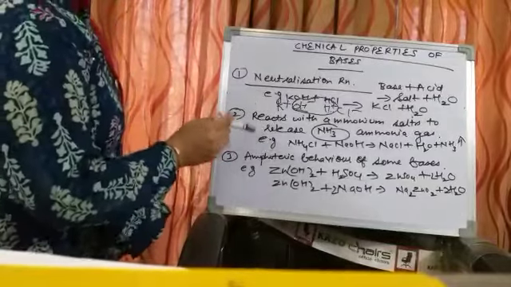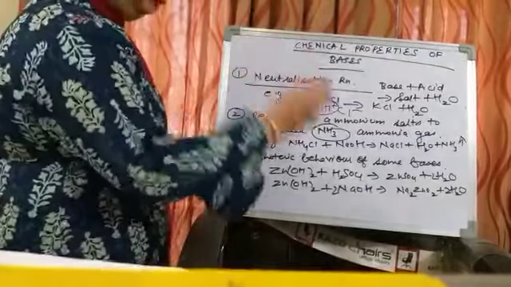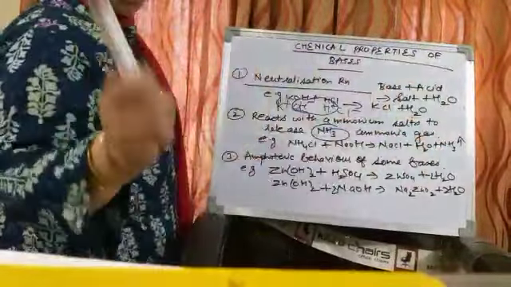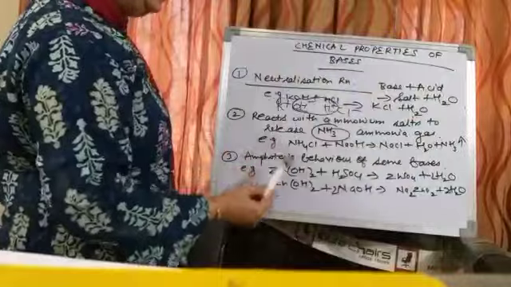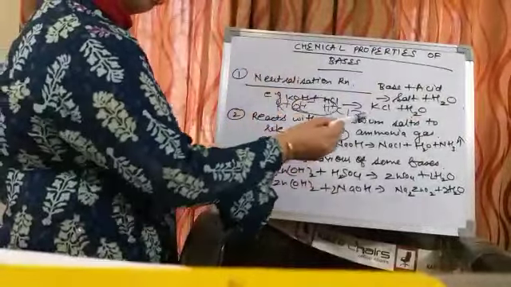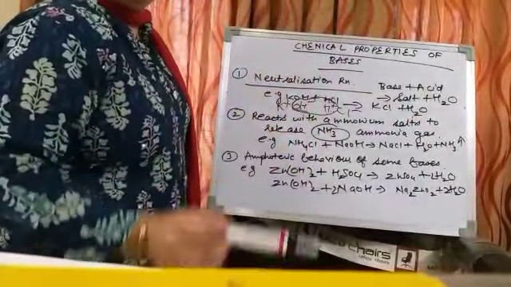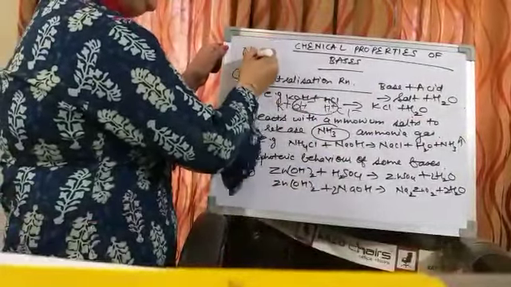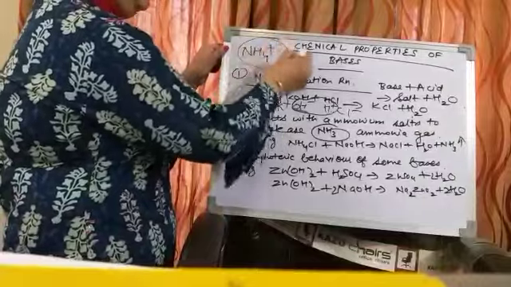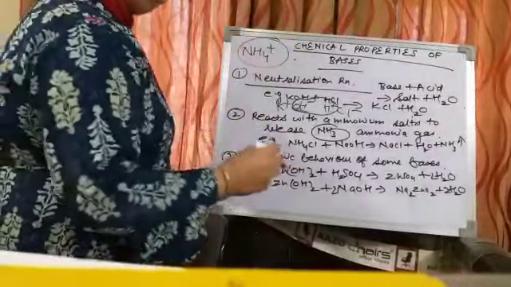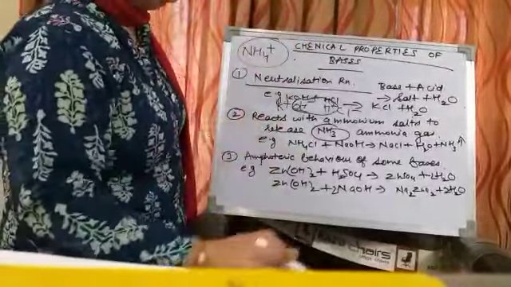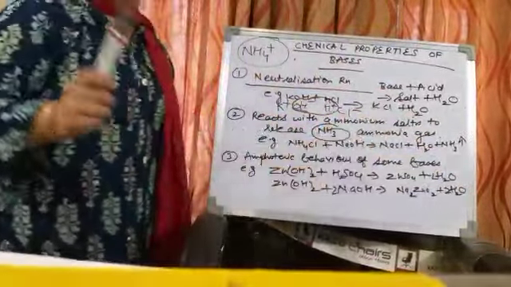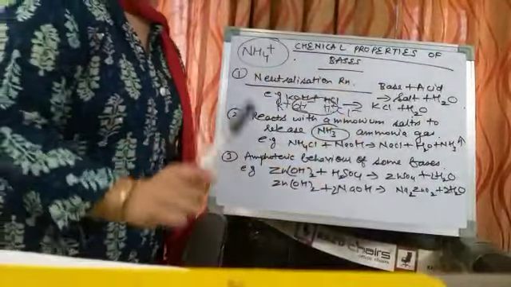Second important chemical property, because we have used this property for the preparation of ammonia gas in the lab, I believe all of you remember: whenever a base reacts with any ammonium salt, a salt where the ammonium radical is there, NH4 positive, it will release, along with salt and water, a very pungent smelling gas, that is ammonia.